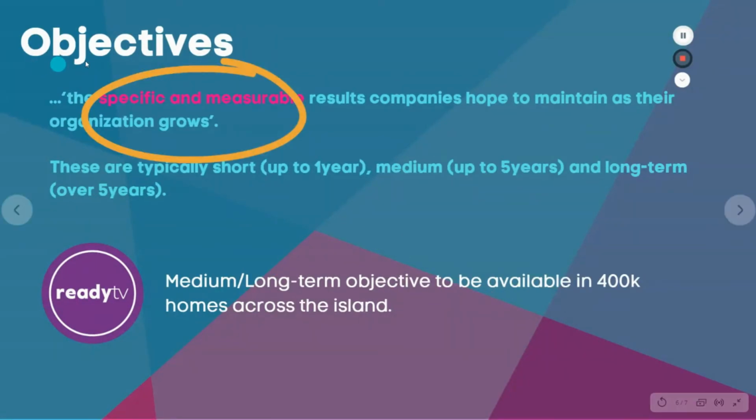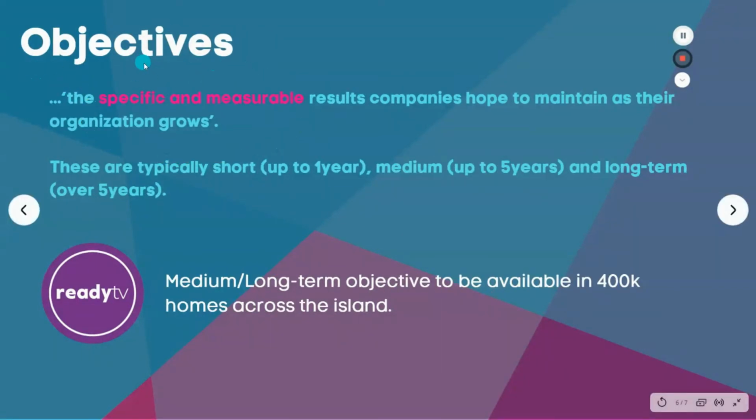So here we take a look at objectives, or business objectives, another important area in reviewing the business's background. Quick definition on screen: the specific and measurable results businesses hope to maintain as their organization grows. Notice again that I've highlighted specific and measurable.